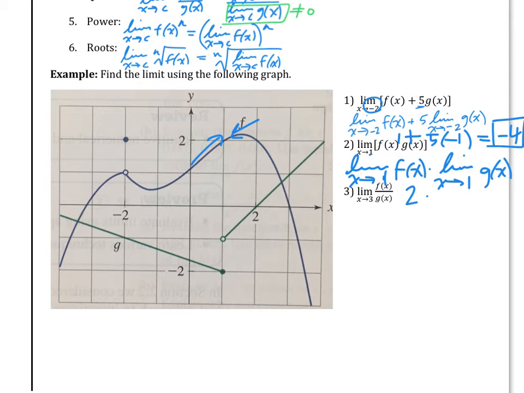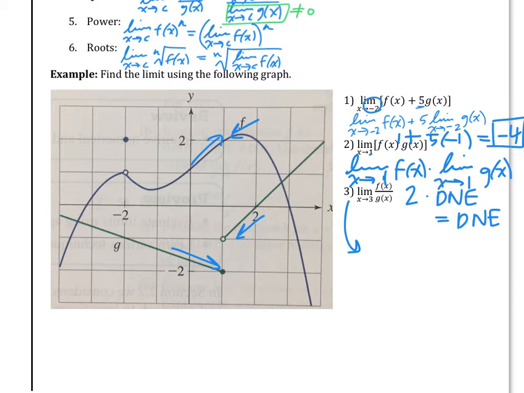When x is going to 1 for g, there is nothing. So what is 2 times does not exist? You can't multiply something by something that doesn't exist and get something out. So this is does not exist.